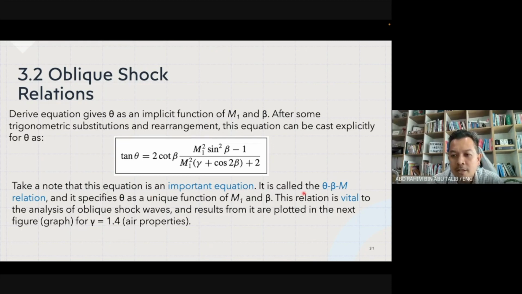It is called the theta-beta-Mach number relation, and it specifies theta as a unique function of M1 and beta. This relation is vital to the analysis of oblique shock waves, and results from it are plotted in the next figure, which is a graph for gamma equal to 1.4, which is for air properties.